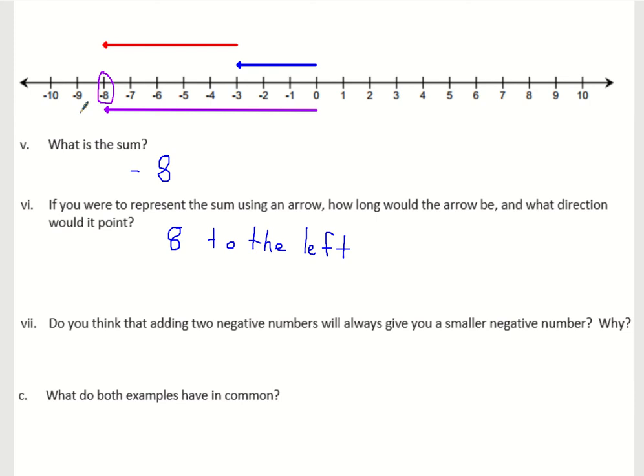Right now, what I have is the fact that we've gone to the left, and then we've gone even further to the left. So it should stand to reason that no matter what, I'm going to keep going further to the left, because it's to the left and to the left.